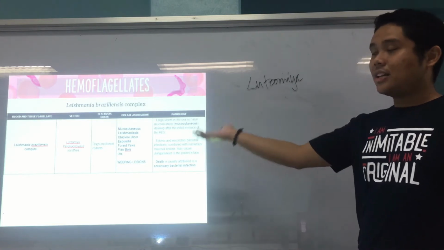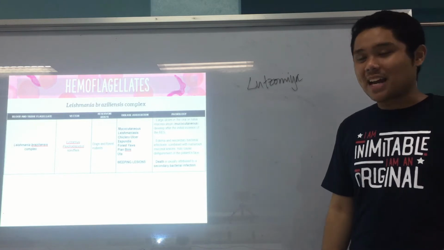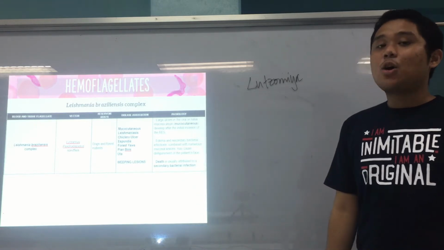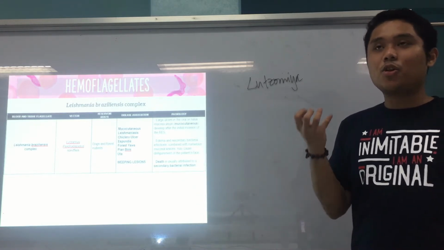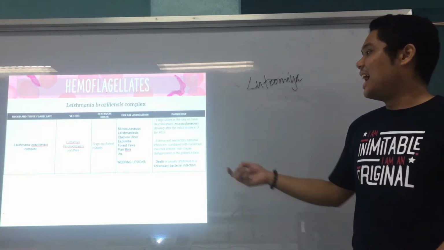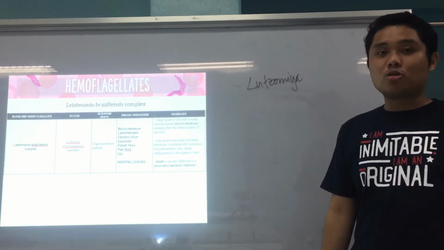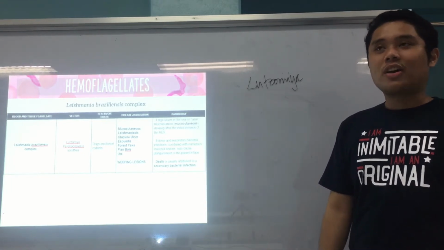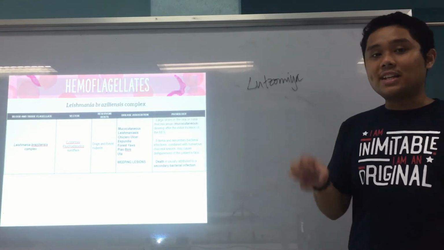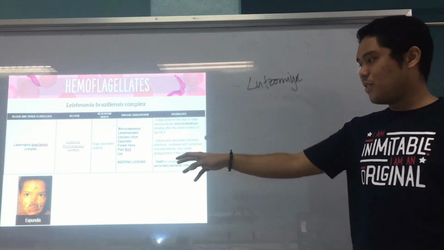Your disease association is mucocutaneous leishmaniasis, which causes weeping lesions. Ang basa, your lesions are wet. Mucocutaneous, and death is usually attributed to secondary bacterial infection. So here's an example of Espundia.